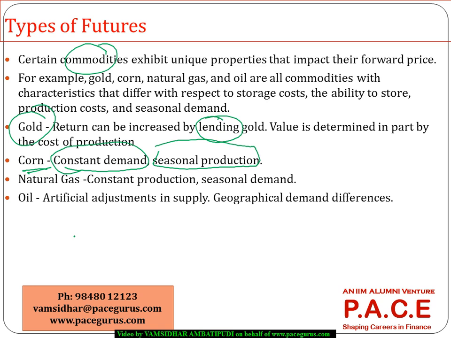But if the usage is there even in summer, whatever is produced in winter has to be stored. Some perishabilities may come in, some extra costs are coming up. So all those things have to be built into the April futures contract. But again, when we come back to the September futures, the price is going to come down because at that time supply is more than the demand.